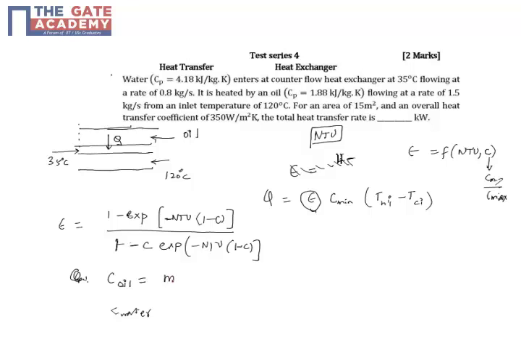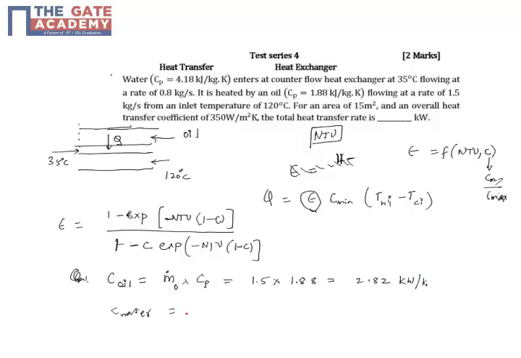So heat capacity is mass into specific heat. So mass of the oil into specific heat of oil: mass of oil is given as 1.5 into specific heat 1.88. This we'll get in kilojoules per second per Kelvin. When I multiply 1.5 and 1.88, I get 2.82 kilojoule per second, so it's kilowatt per Kelvin.